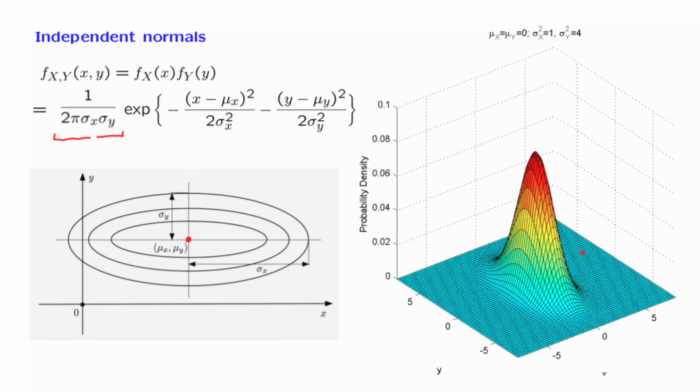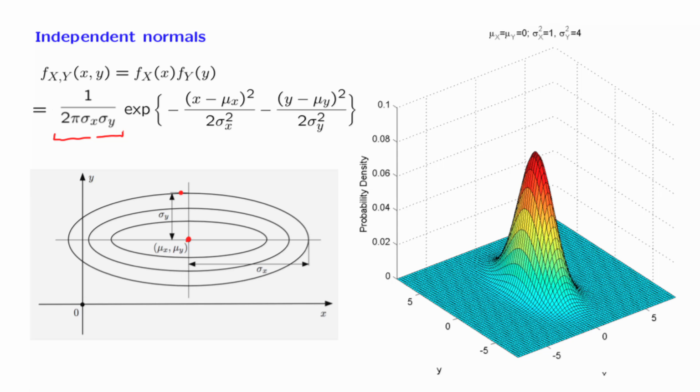To conclude, the joint PDF of two independent normals has the shape of a bell. The center of the bell is determined by the means. Furthermore, the bell is stretched in the x and y directions by an amount that is determined by the variances of x and y. However, the stretching is always along the coordinate axes.